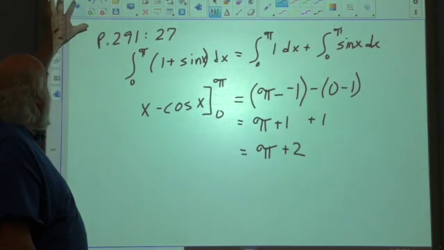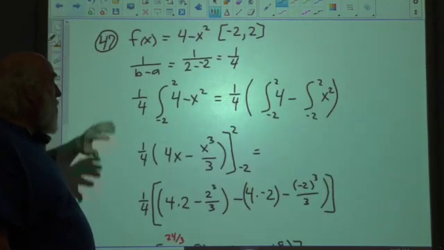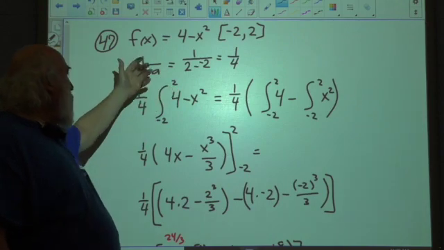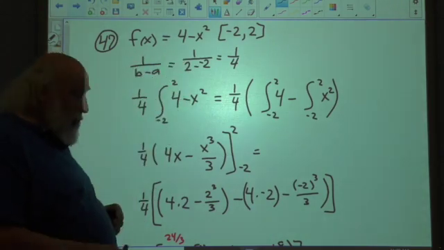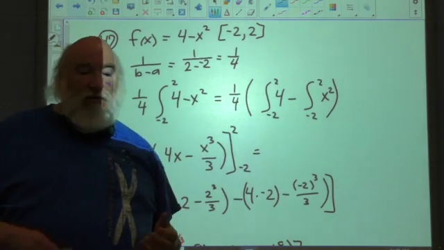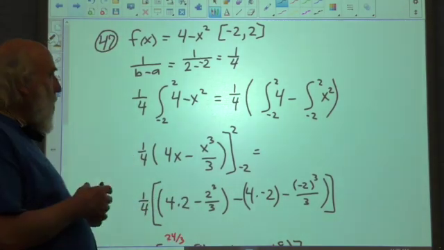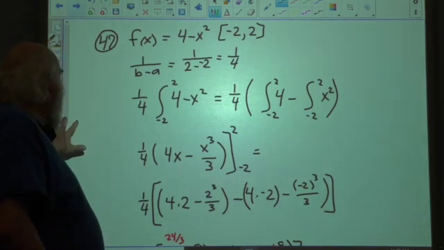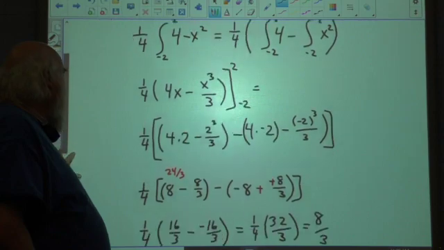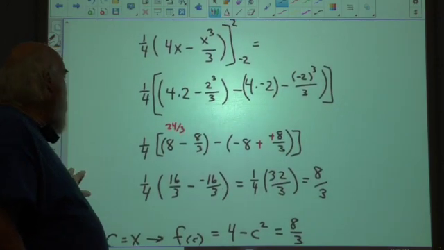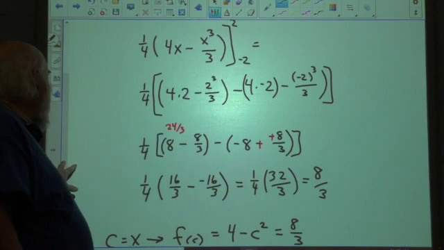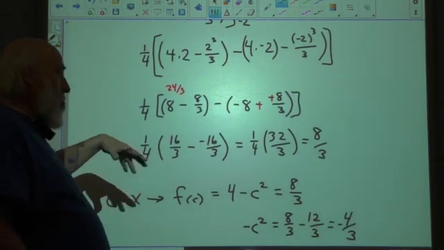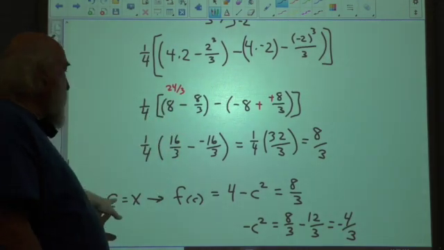Okay? So we just got a little extra spice thrown in there. A little something we got to keep in mind here. So every time we start this problem, we're going to do this. Now, in 47, what they're asking you to do is to find the value of c that fits in this function. So what we're going to do is come up with a value for the function y rather, and find the x through that.